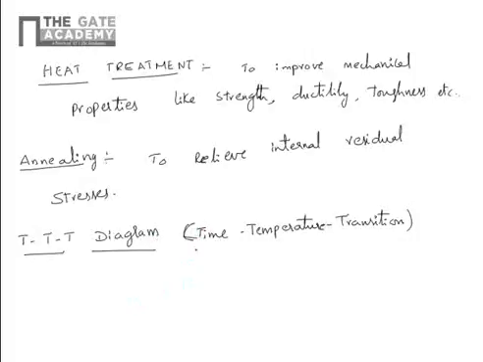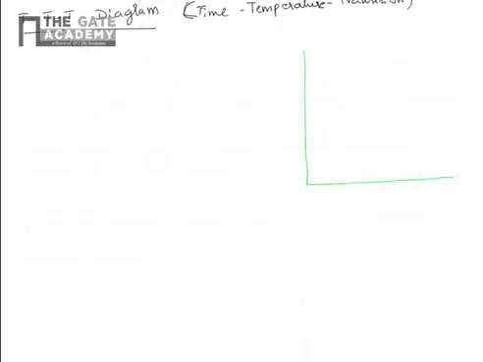This diagram explains how each different type of heat treatment takes place. This is called the critical temperature, 720 degrees centigrade.